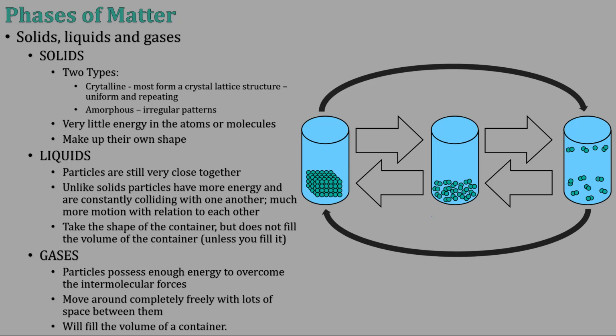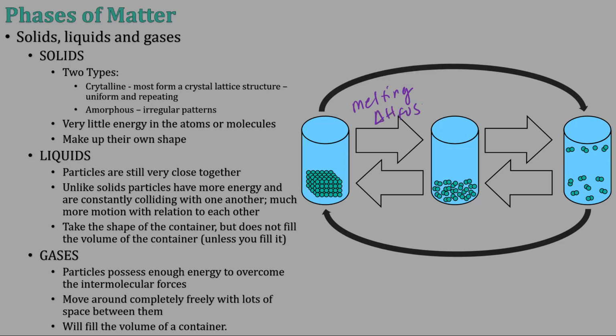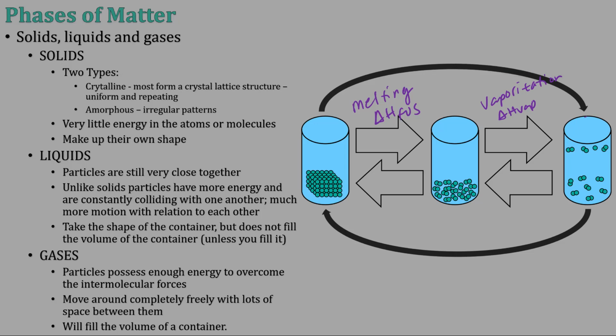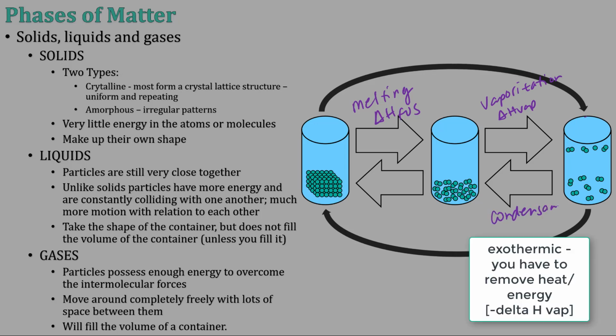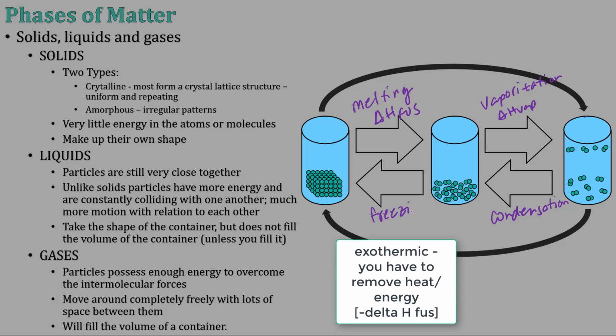So just to remind everybody, when it goes from a solid to a liquid, it is melting. And we use the delta H of fusion for that to show how the energy is transferred. From liquid to gas is vaporization, and so you'll see delta H of vaporization. The opposite of vaporization is condensation, and the opposite of melting is freezing.